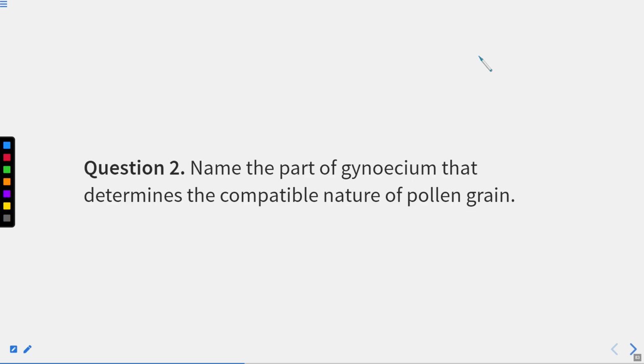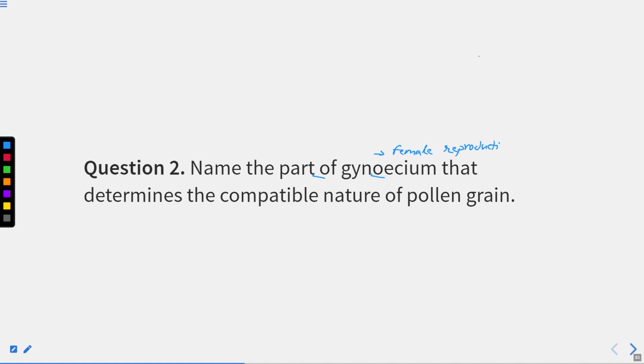So let's start with the second question now. The second question is, you have to name the part of the gynoecium that determines the compatible nature of the pollen grains. So gynoecium, you already know, it is known as the female reproductive part in plants.